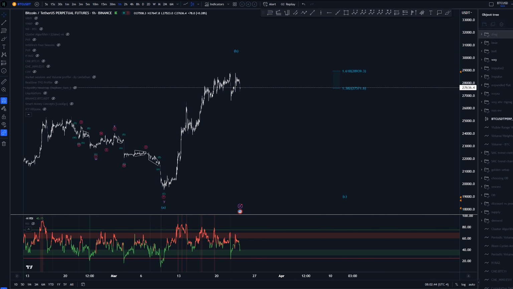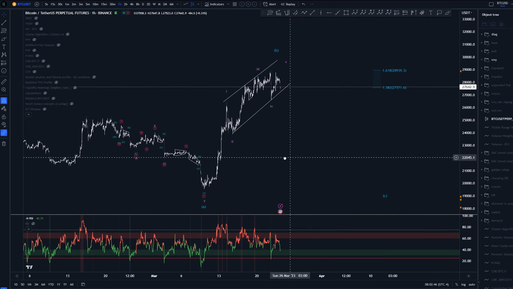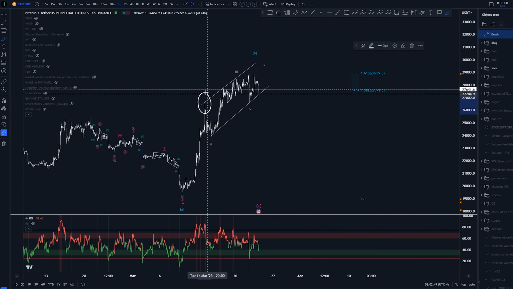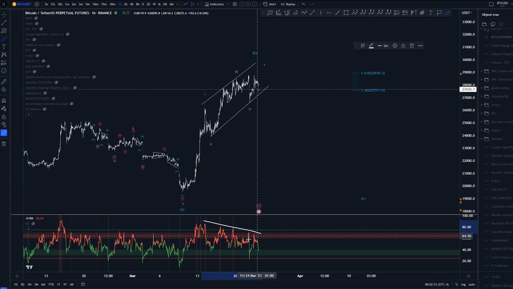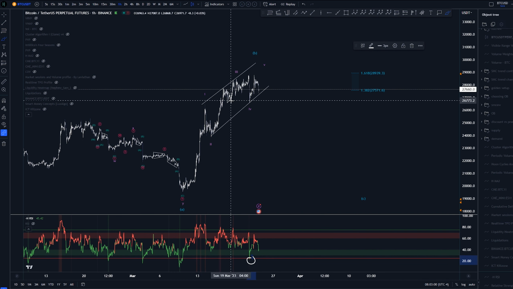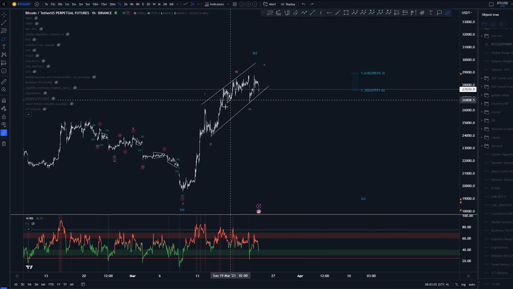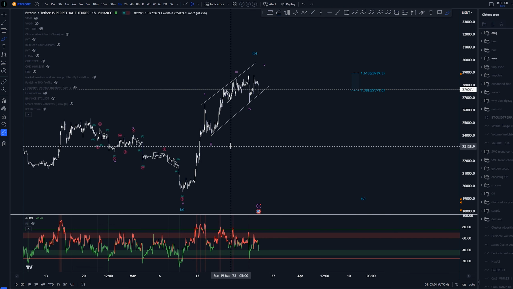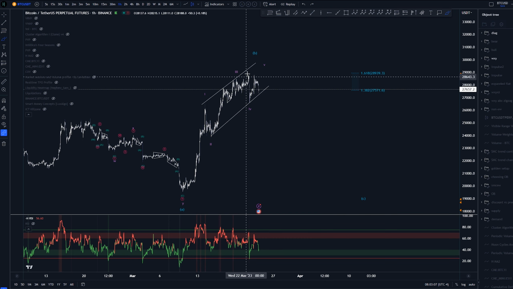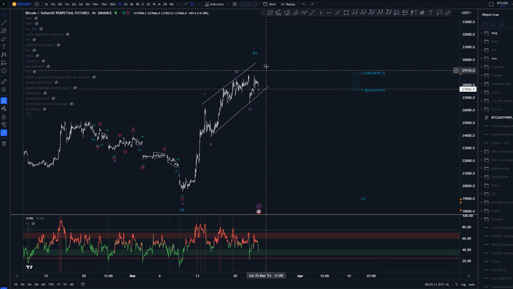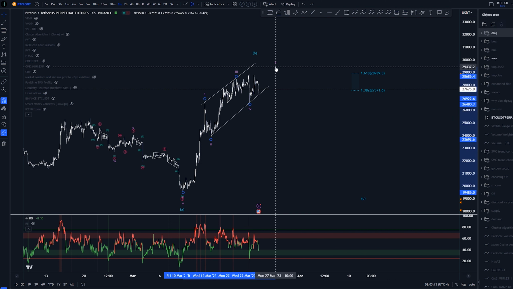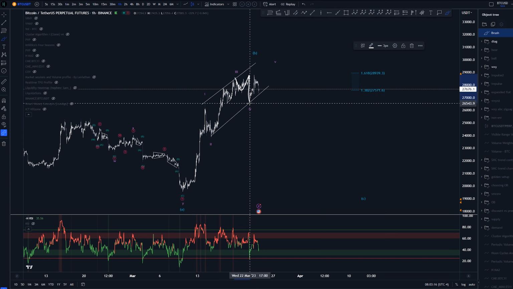Now, talking about the other bull count, which was something like this, having the wave 1 top in here instead of in here is giving us the possibility of having some kind of diagonal. This structure here is not really telling us much other than this whole thing is done here in the middle. I don't really like having this as the wave 4 anymore based on the RSI, but there is a chance of course that we would have this as some kind of 4 here.